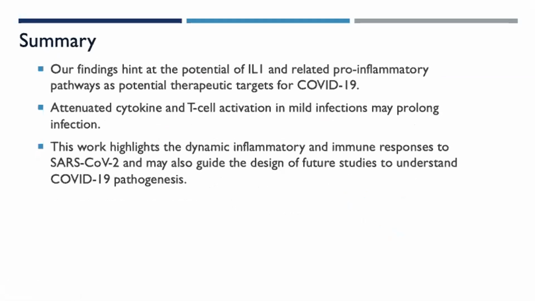And so I think defining the role, especially of T cells in either pathogenesis of severe COVID-19 or prolonged infection, could also help to inform case management as well as virus transmission control. And this work especially, I think, highlights the dynamic inflammatory and immune responses to SARS-CoV-2, and hopefully it also guides the design of future studies to understand COVID-19 pathogenesis.